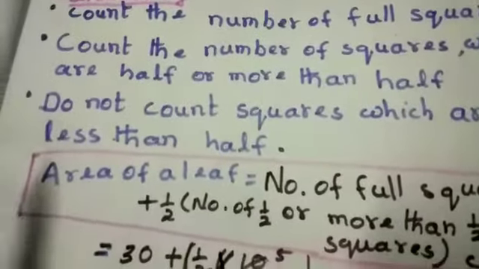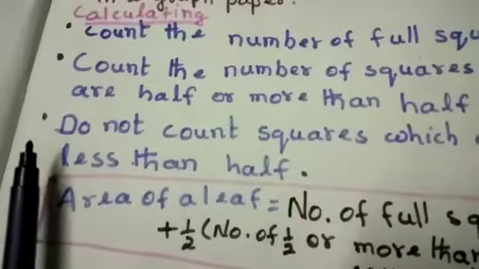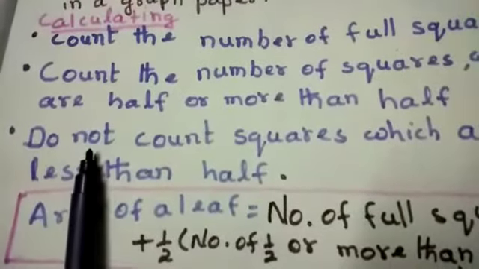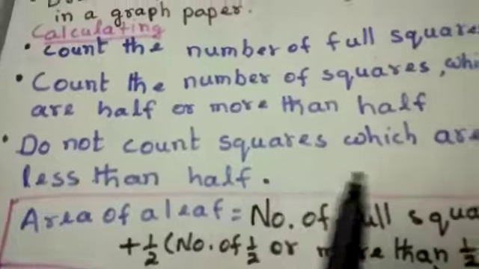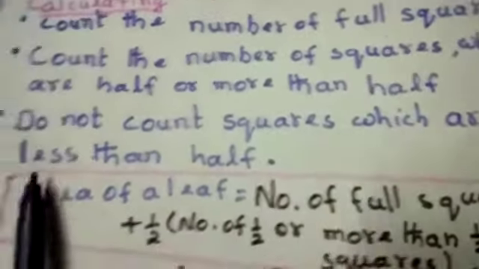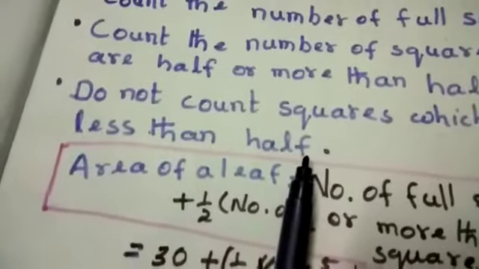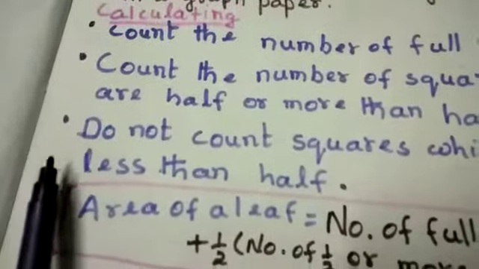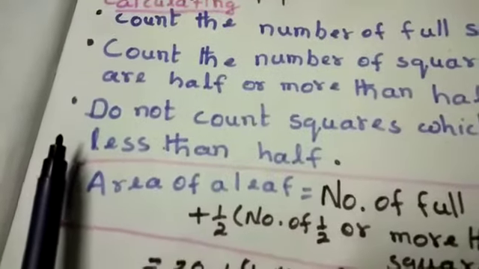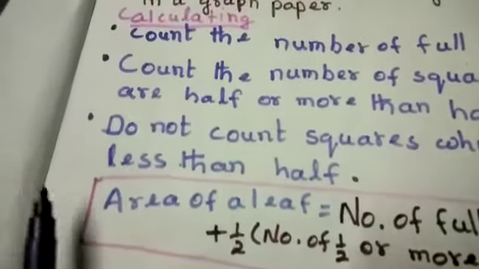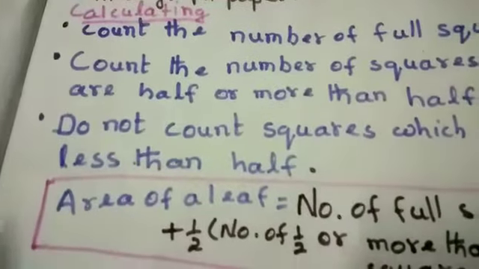Third point, which is more important, do not count the squares which are less than half. So we remember these three things and calculate the area of the leaf.